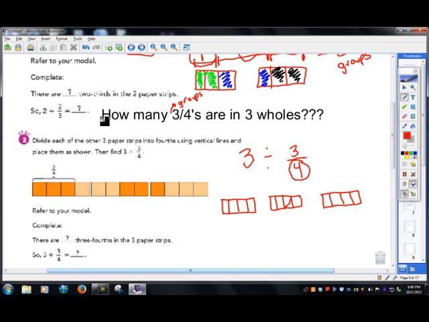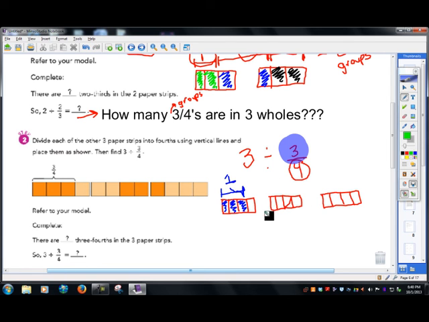Now when we ask the question, how many groups of 3 do you see? Okay, let's start counting them. 1, 2, 3. That's a group of 3/4. I hope that makes sense, guys. That is one group.